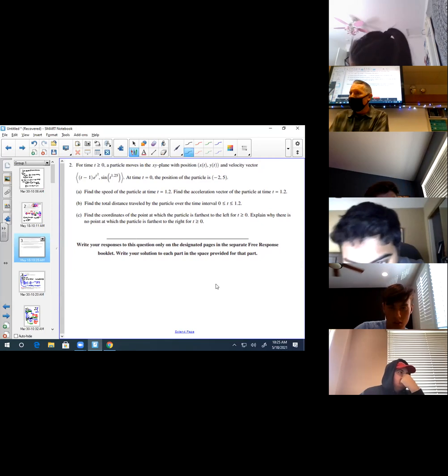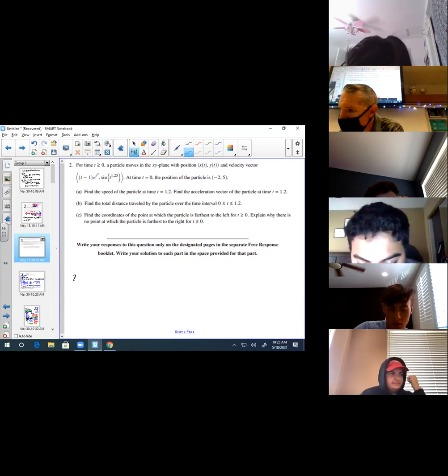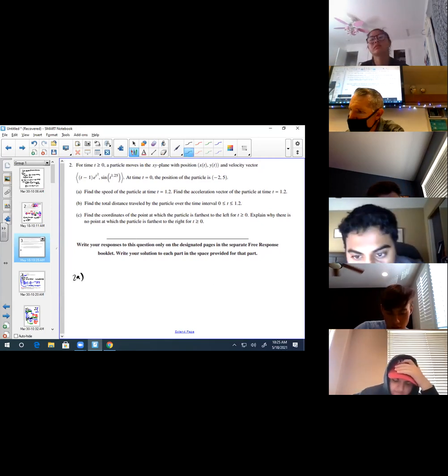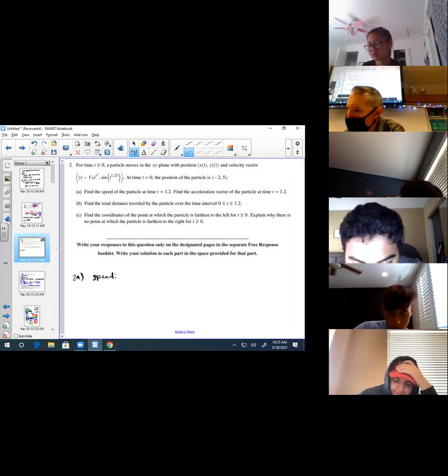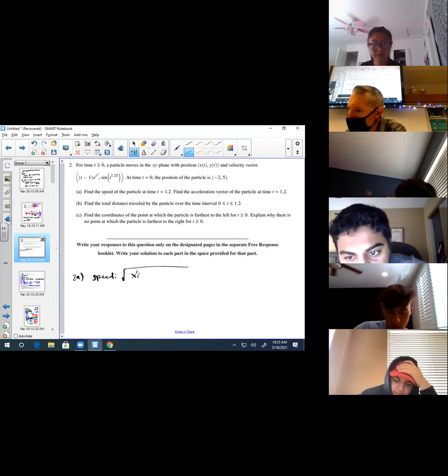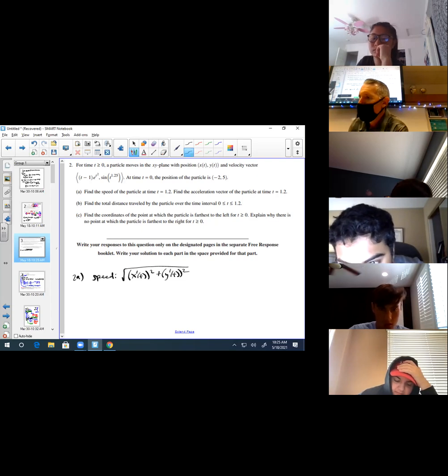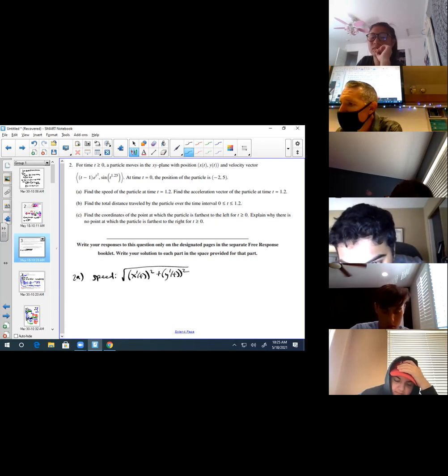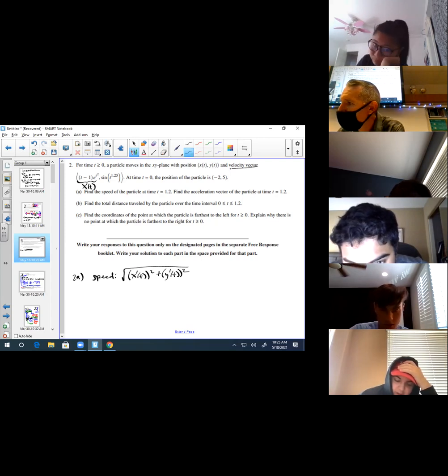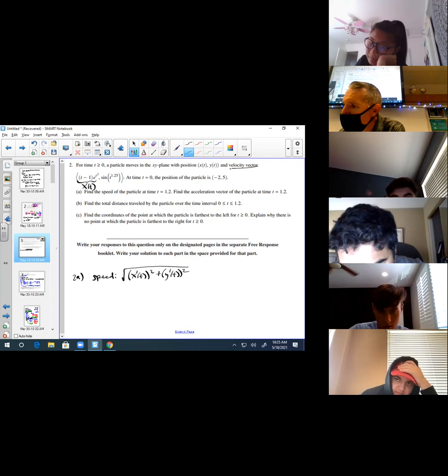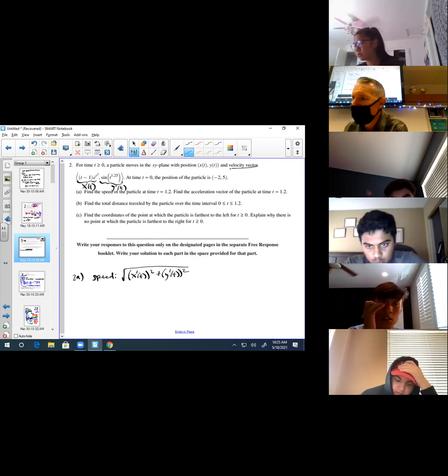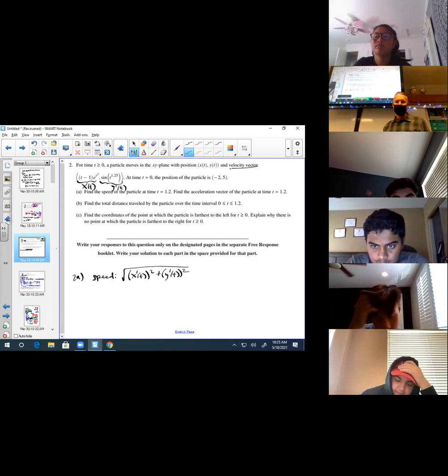So this is going to be 2a. Speed is the square root of x prime of t squared plus y prime of t squared. So this is x prime of t because they say that that's the velocity vector, and this right here is y prime of t. This is just plugging into your calculator.